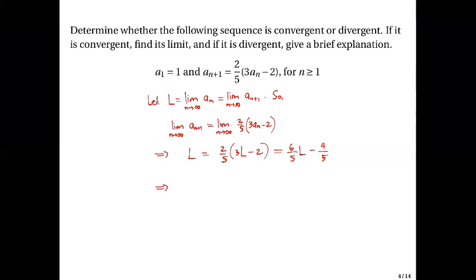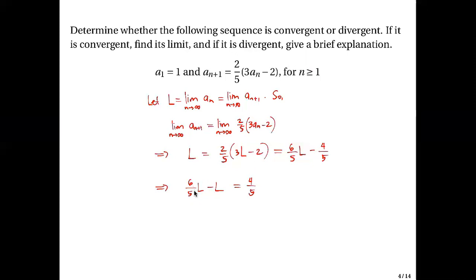So in here, we will get 6 over 5L minus L. So I'll bring this guy here to that side. And then I'll bring negative 4 over 5 to the left-hand side. And then I'll switch the equality. So this is equal to 4 over 5.